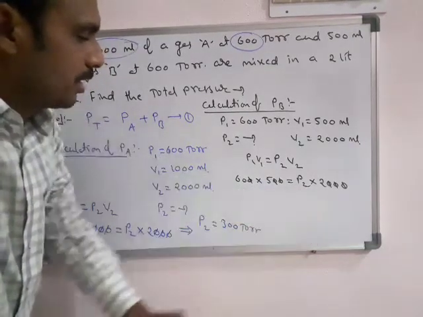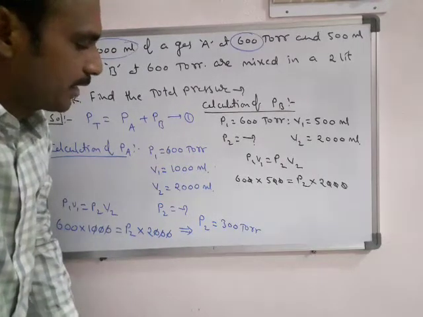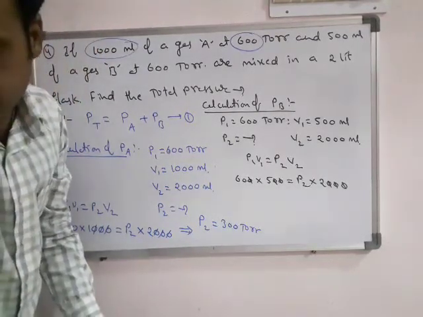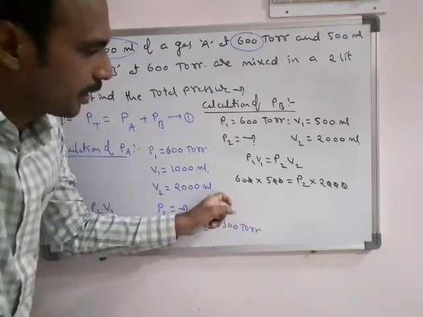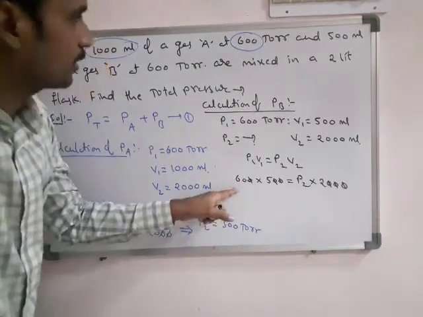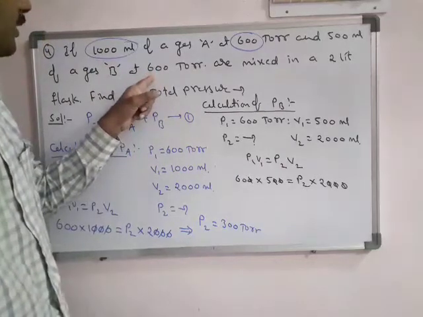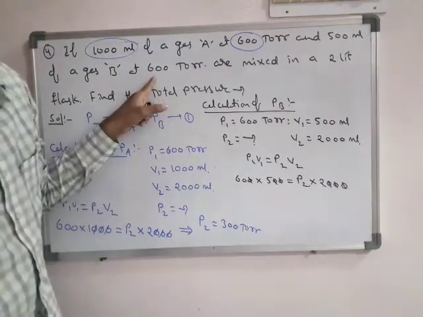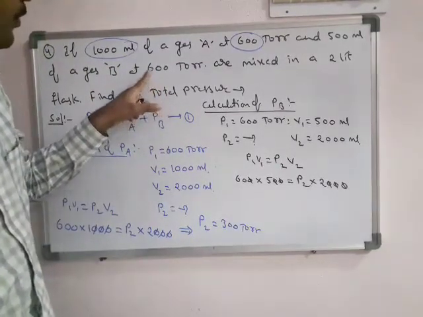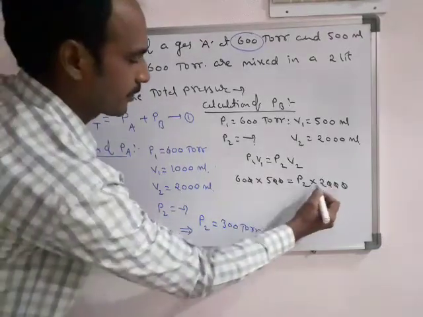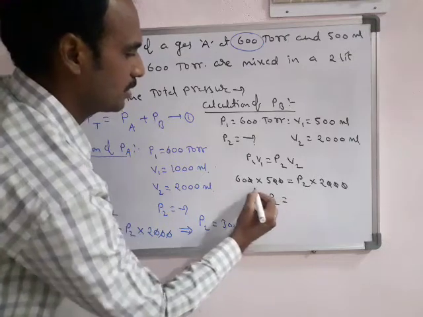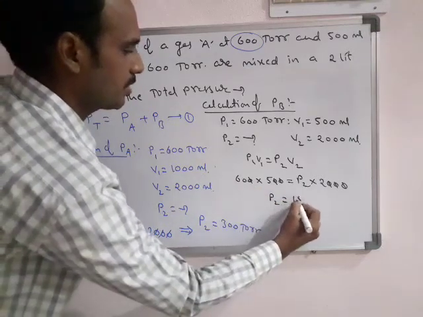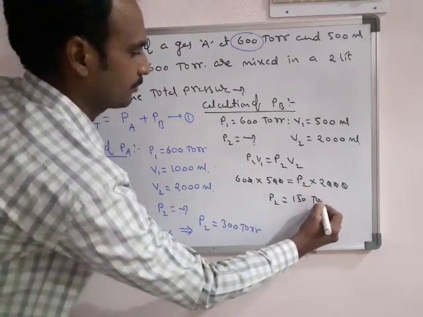Here we get 600 times 500 divided by 2000, and finally P2 is equal to 150 torr.